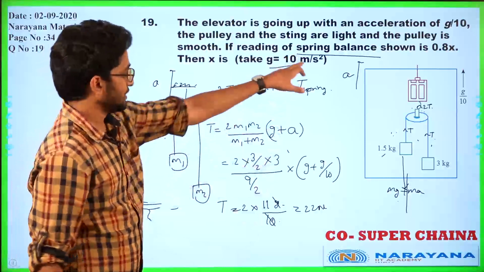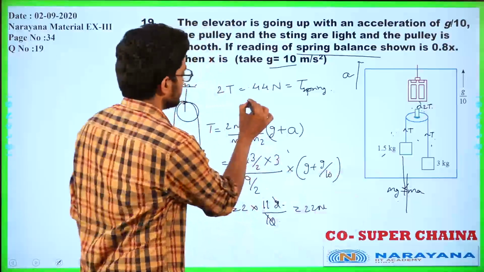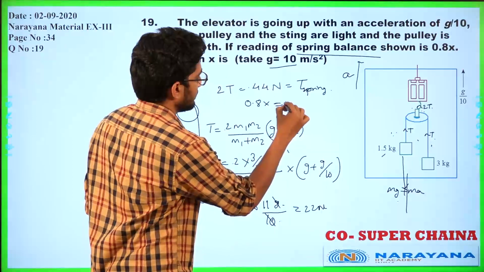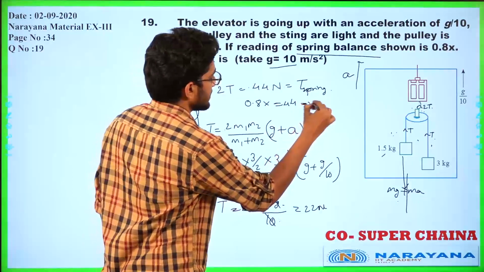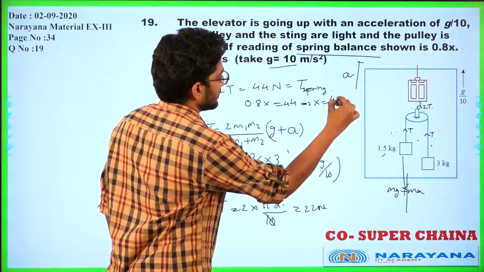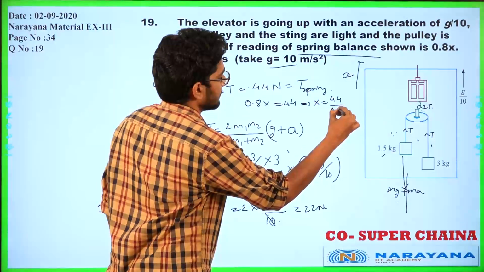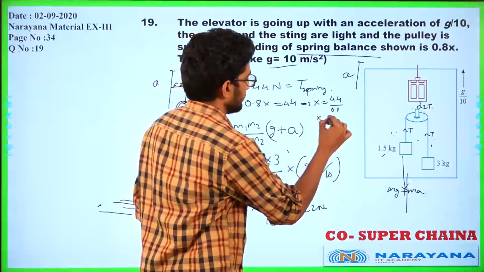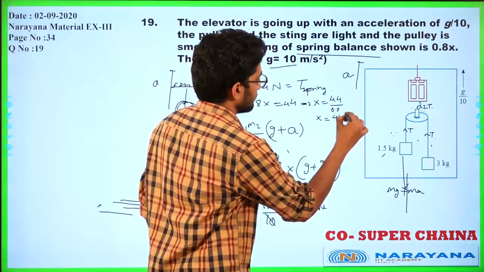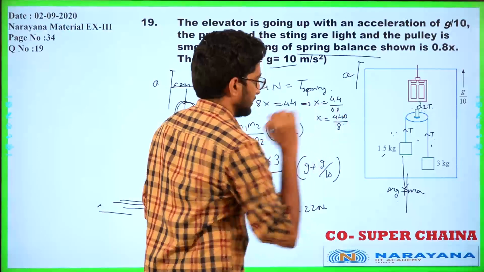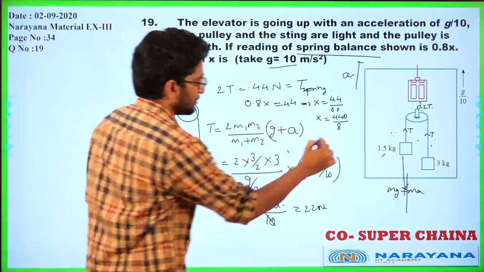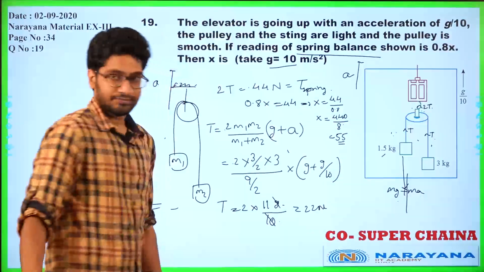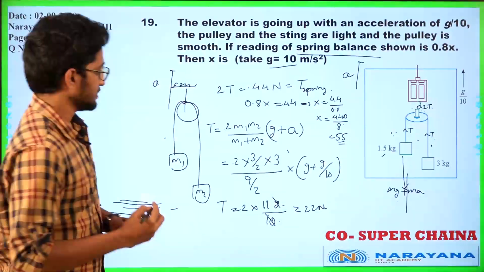Now that reading is given as 0.8x, so 0.8x is 44, which means x is simply 44 by 0.8, or 440 by 8. So that is 110 by 2, or x is 55. Clear? You can note it down.